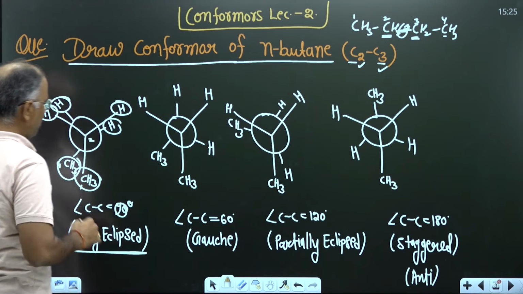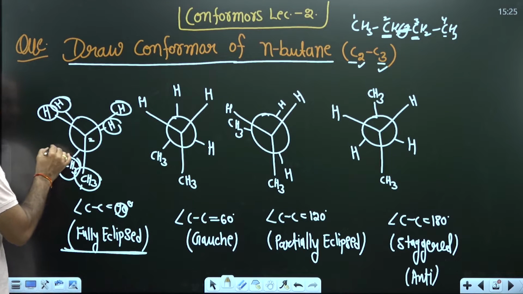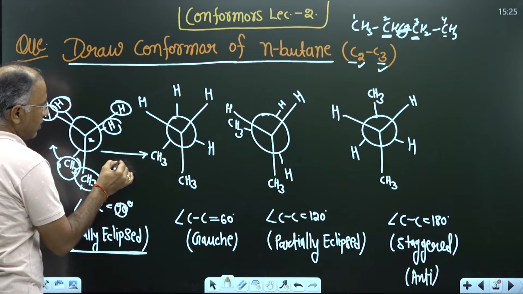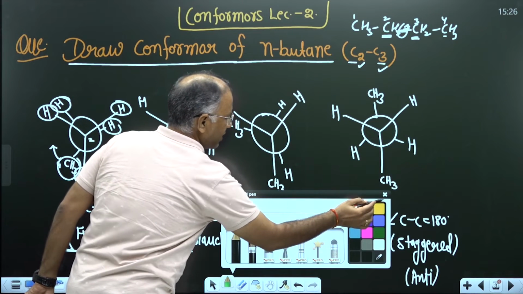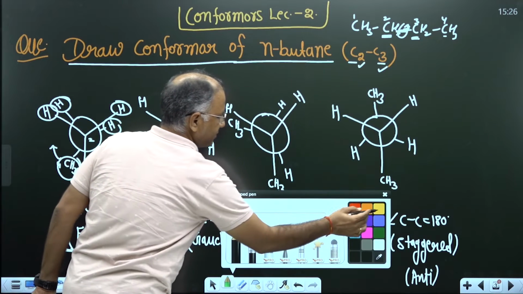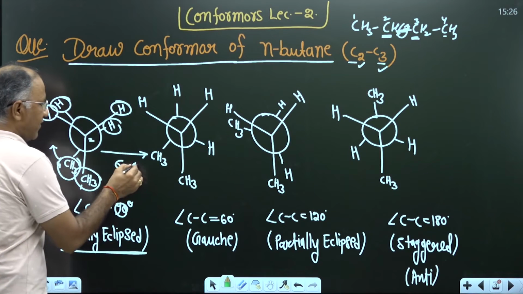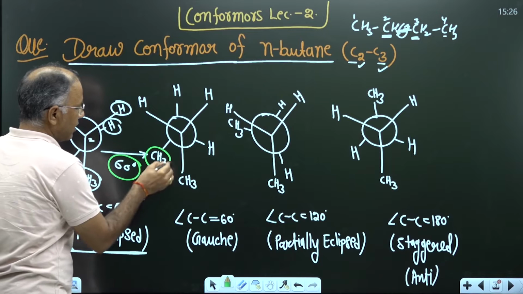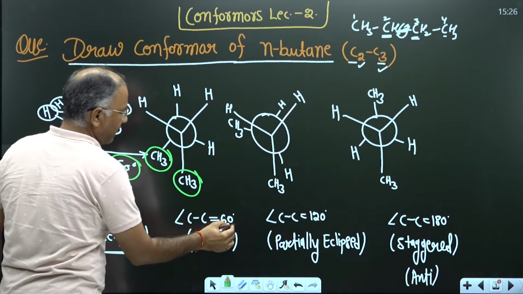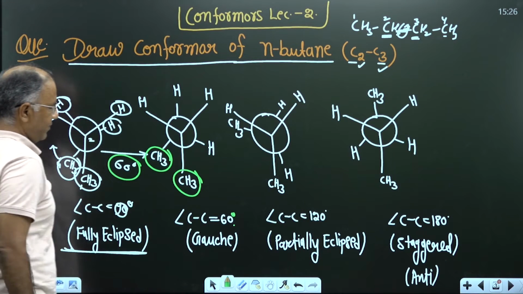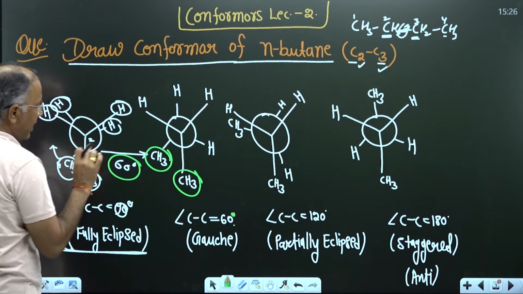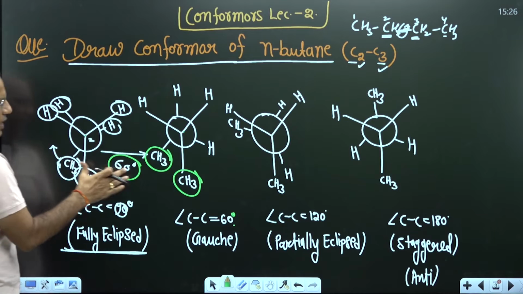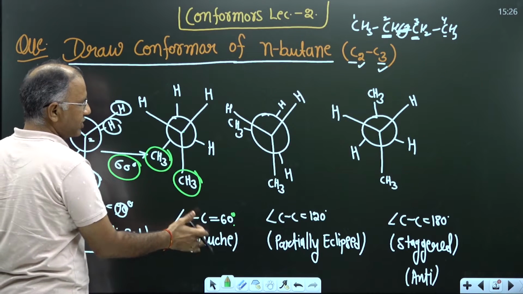Now, what we are going to do, we will rotate this carbon-carbon bond and then we will draw different conformer. Now, if we rotate this carbon-carbon bond by 60 degree, after 60 degree rotation, this conformer is known as Gauche conformer. So, the front carbon is fixed, and I am rotating the back carbon by 60 degree, and the carbon-carbon at 60 degree is known as Gauche conformer.